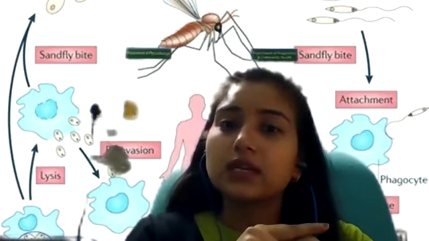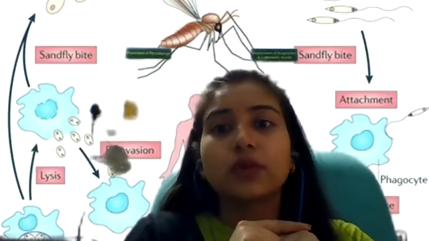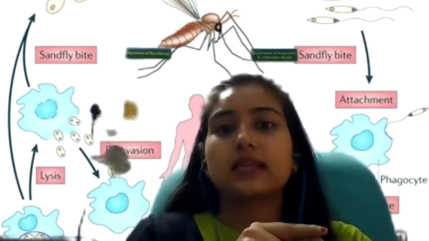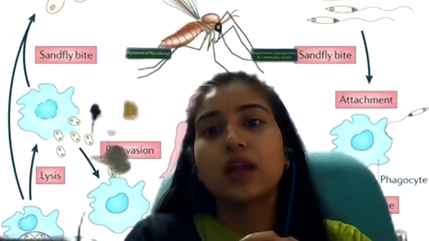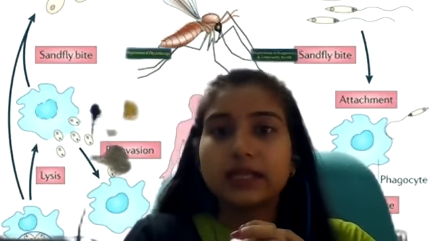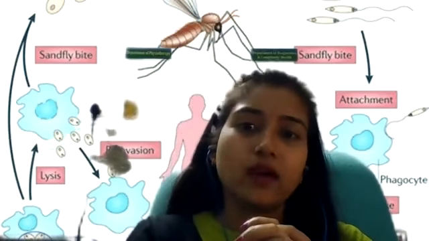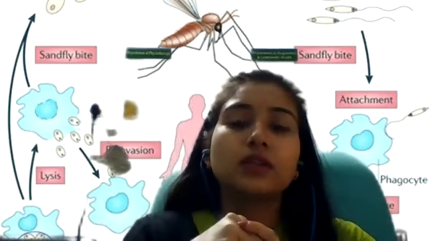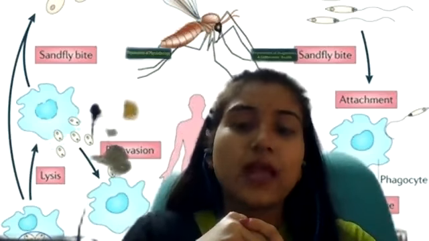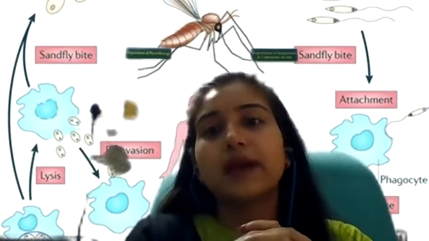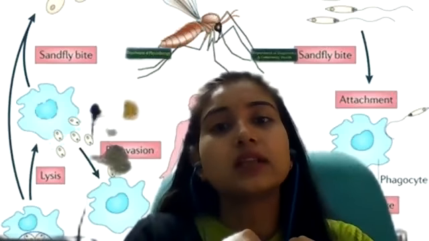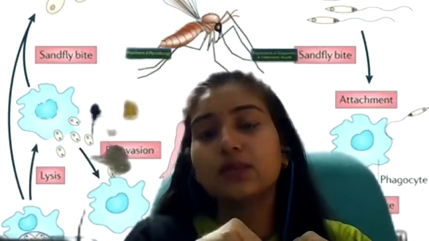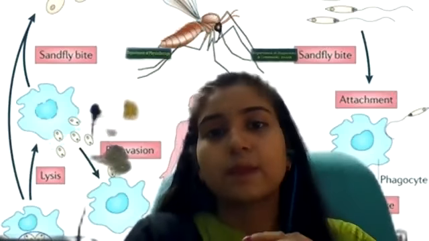In the same year, Donovan also reported the same parasite in a spleen smear of a patient from Madras. The name Leishmania donovani was therefore given to this parasite. The amastigote form of the parasite as seen in smears from patients is called Leishman-Donovan bodies.